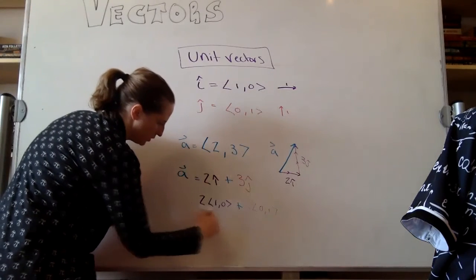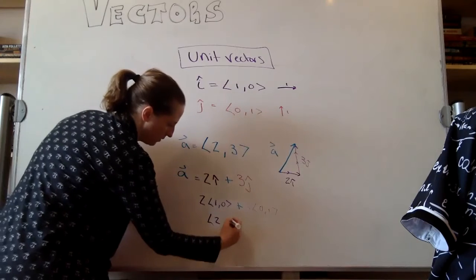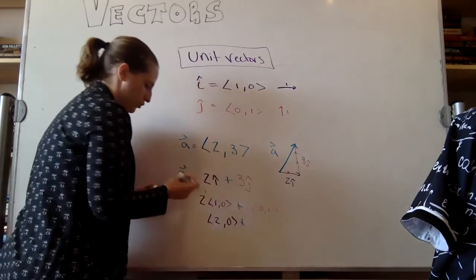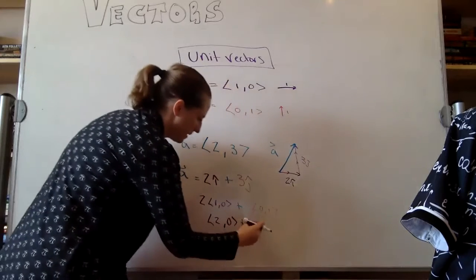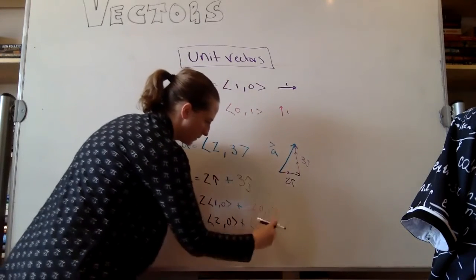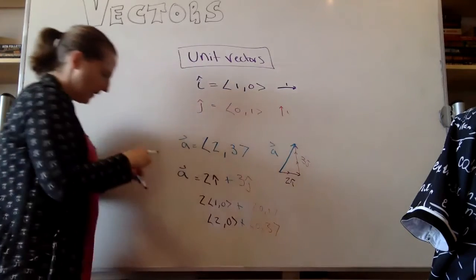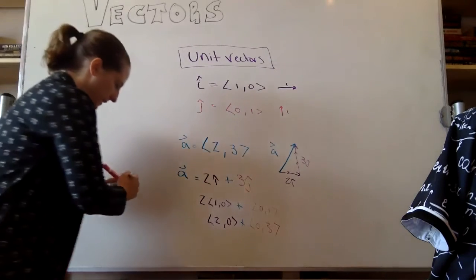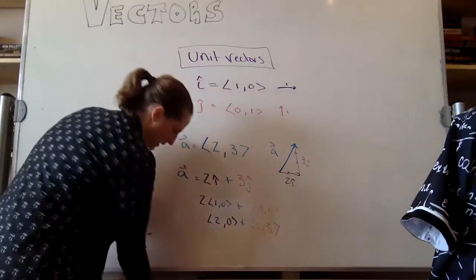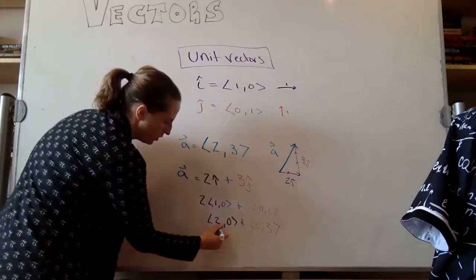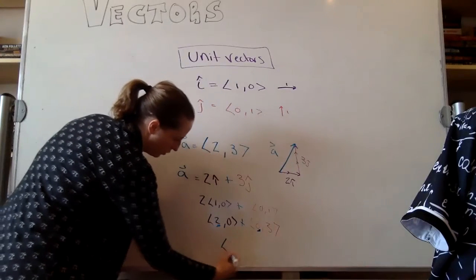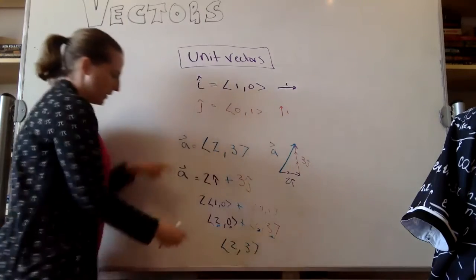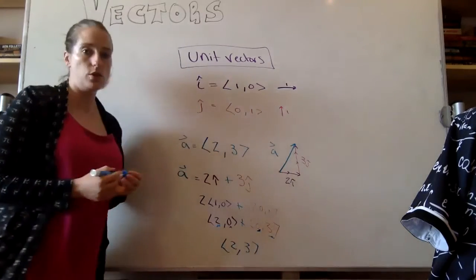So this becomes 2 times 1, which is 2, 2 times 0, which is 0, plus 3 times 0 is 0, 3 times 1 is 3. Then if I do my vector addition component-wise, adding horizontal components and vertical components, 2 plus 0 is 2, and 0 plus 3 is 3. So that gets me right back where we started, to (2, 3).